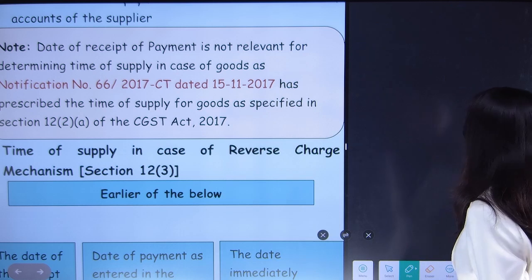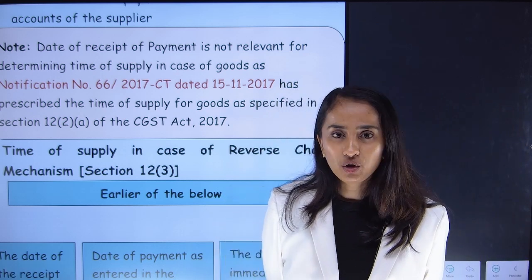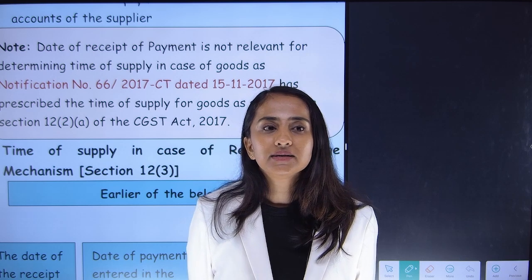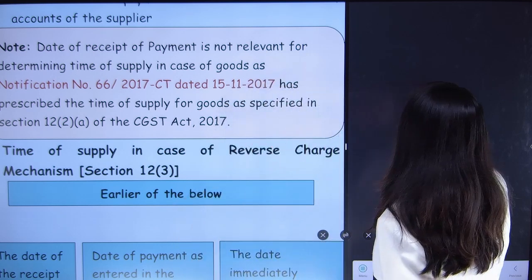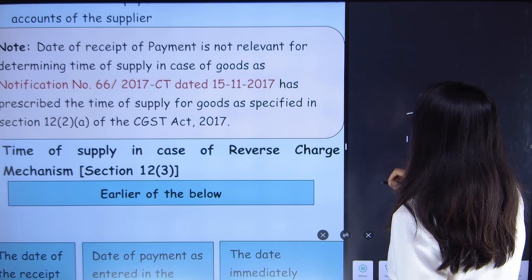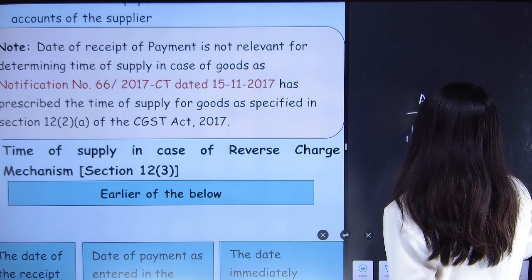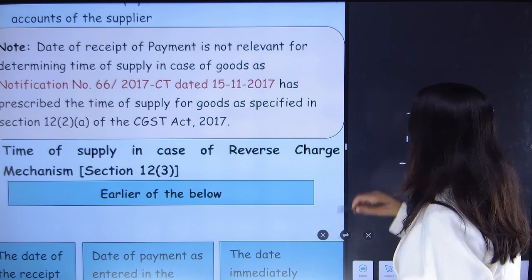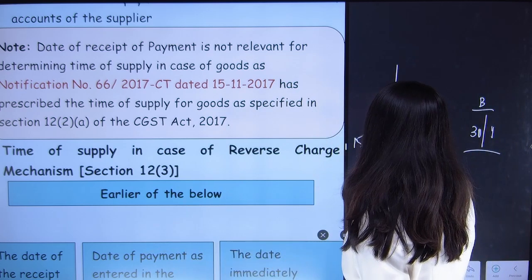So what do you mean by date of receipt of payment not being applicable for goods? Suppose there was an advance payment. This is my A: I issued the invoice on 1st Jan. B: the last date for issue of invoice was, let's say, 30th Jan. But let's say I received an advance payment on 15th December.